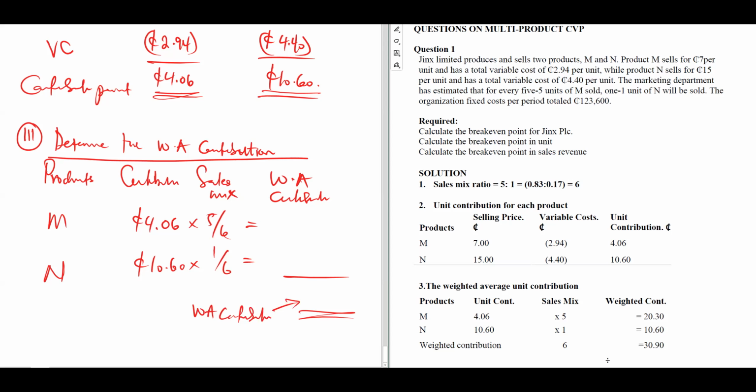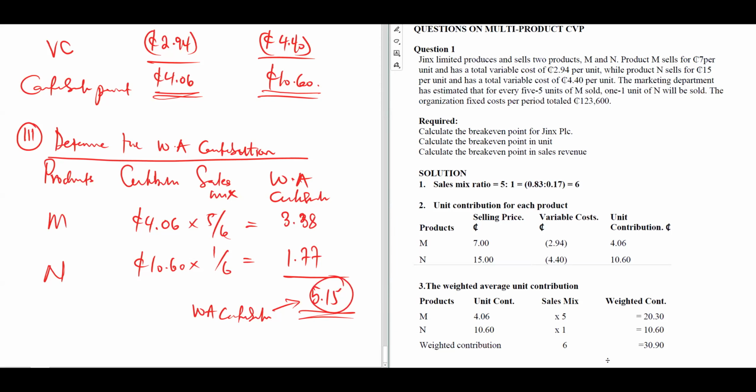So 4.06 by 5/6 gives us 3.38. And then 10.6 by 1/6 gives us 1.77. So you have 3.38 plus 1.77, and that gives us 5.15.